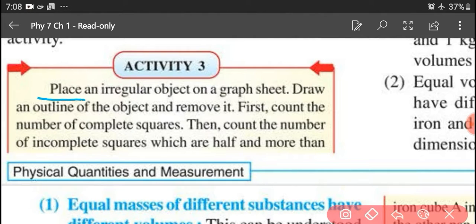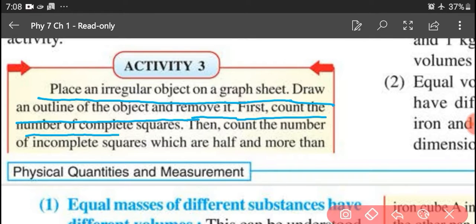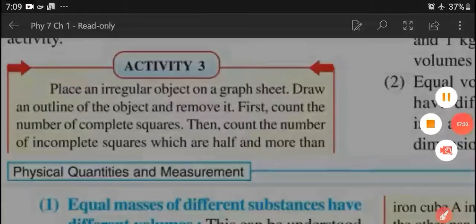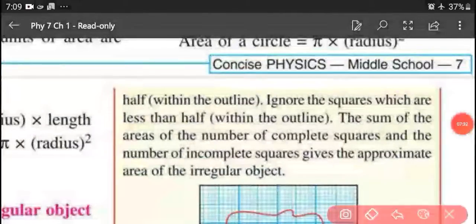Place an irregular object on a graph sheet. Draw an outline of the object and remove it. First, count the number of complete squares. Then, count the number of incomplete squares which are half or more than half.